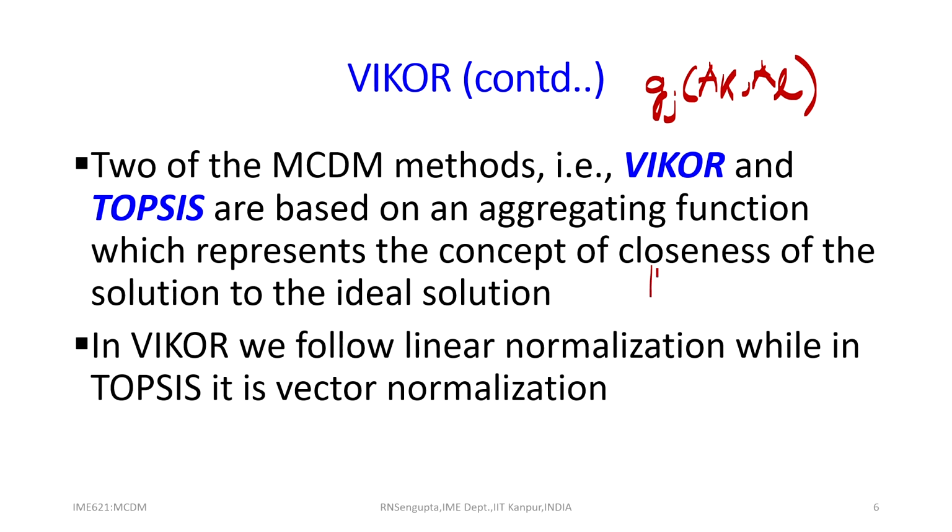K and l are the alternatives, and j is one of the criteria. Based on each criterion, I want to find out the overall functional value when you compare Ak with Al.